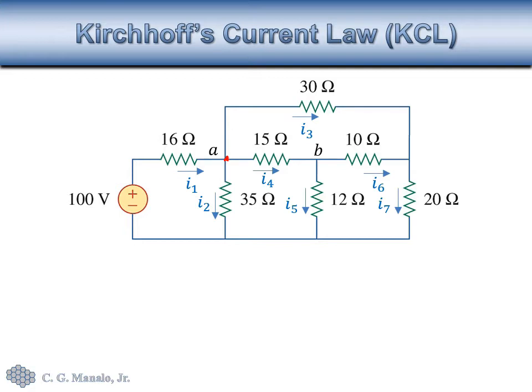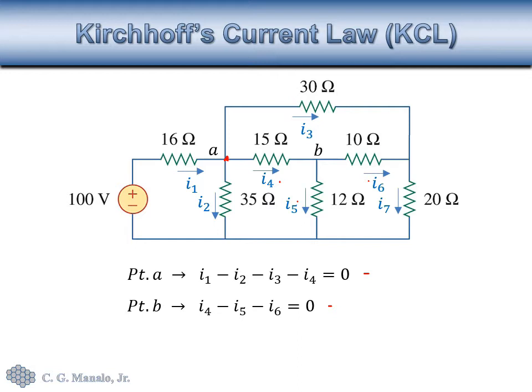So at point A, we have this relationship for all the currents entering and leaving node A. And at point B, we can also formulate KCL on that node. Currents entering, I4, minus currents leaving, I5 and I6, must equal 0.